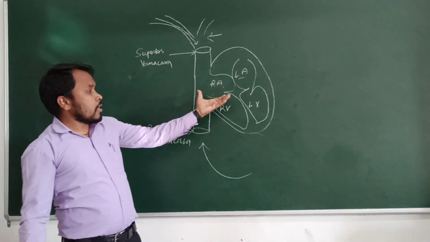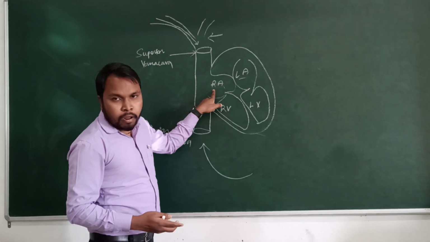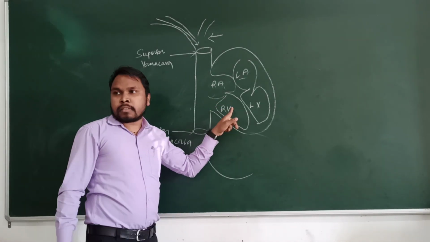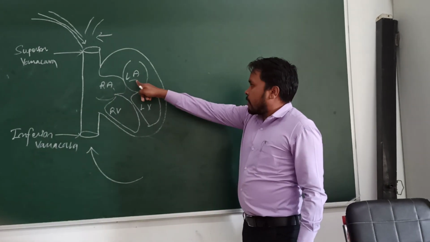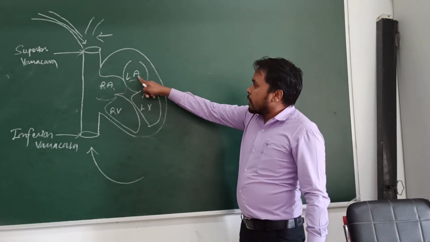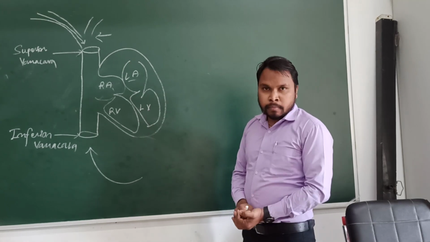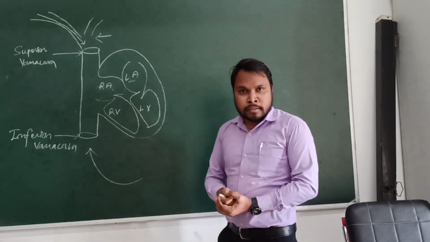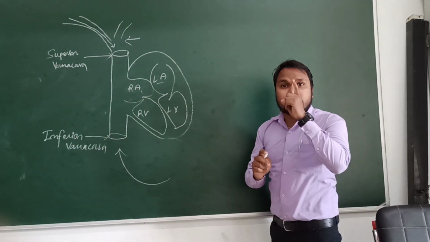So inside the heart there are four chambers. First chamber is right auricle, and second chamber is right ventricle. And now this is the left side, this is left auricle, and this is left ventricle. So here are four chambers. Okay, now between these chambers special valves are present. Between right auricle and right ventricle there is a special valve.